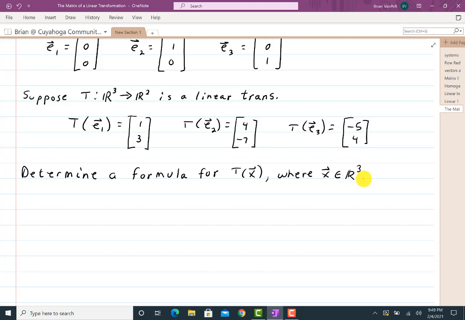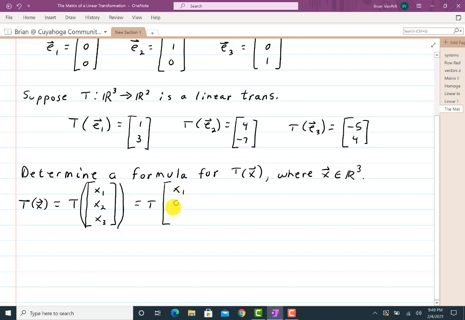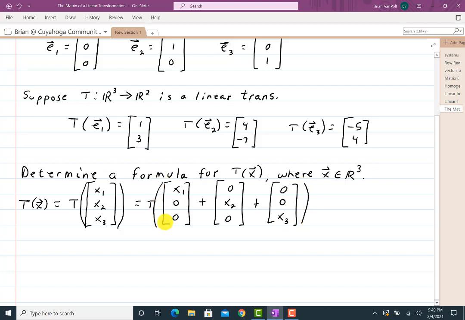So let me do something here. If I take a general x, I don't know anything about it, but let's call it x1, x2, x3, I can break this up into the following. All I did was break up the vector into pieces like that.